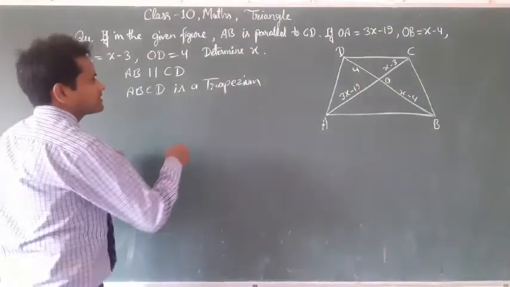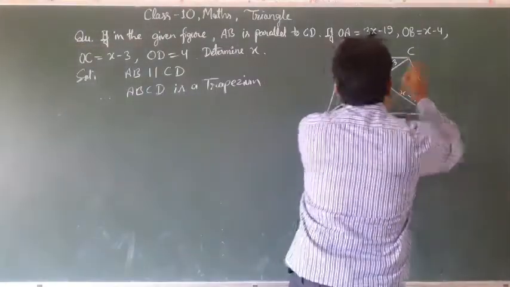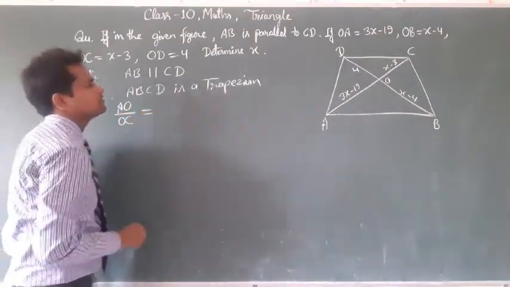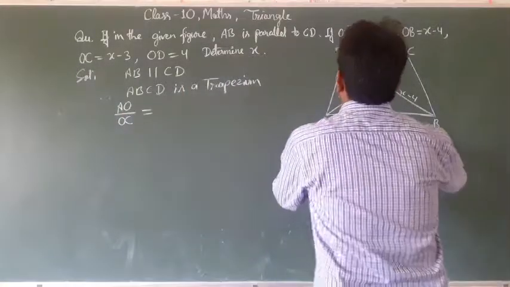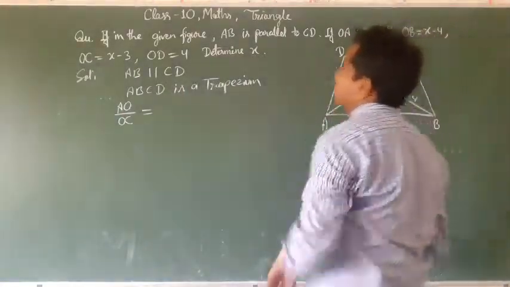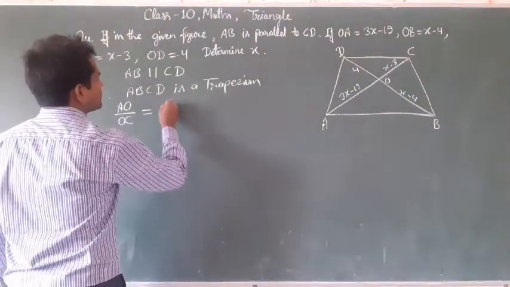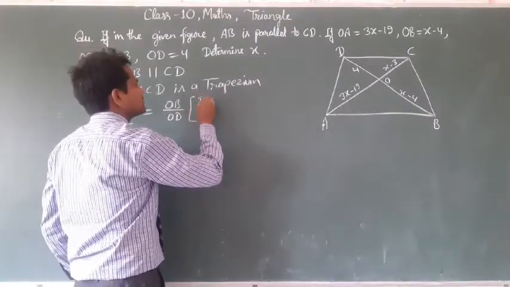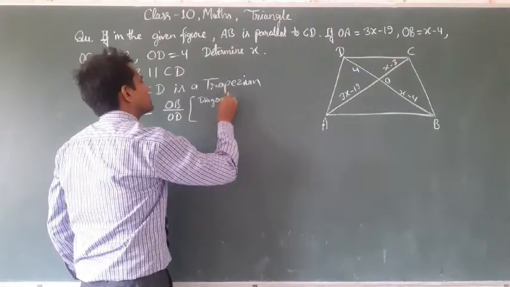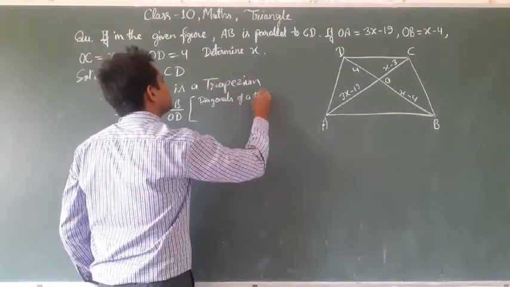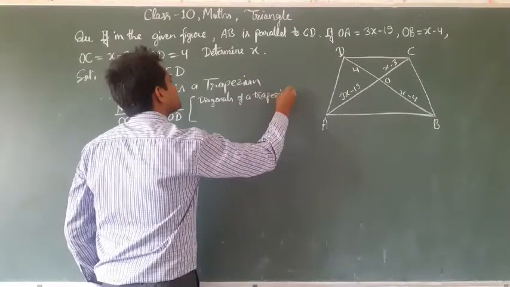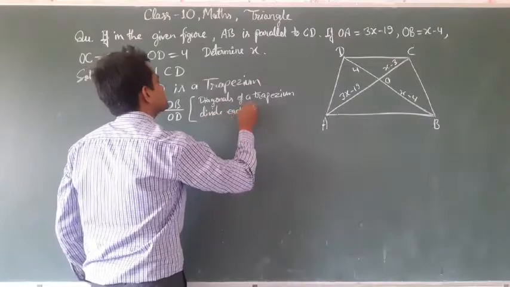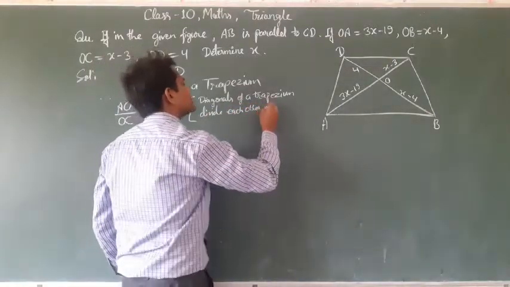So that's why we can say that AO upon OC will be equal to OB upon OD, because diagonals of a trapezium divide each other proportionally.